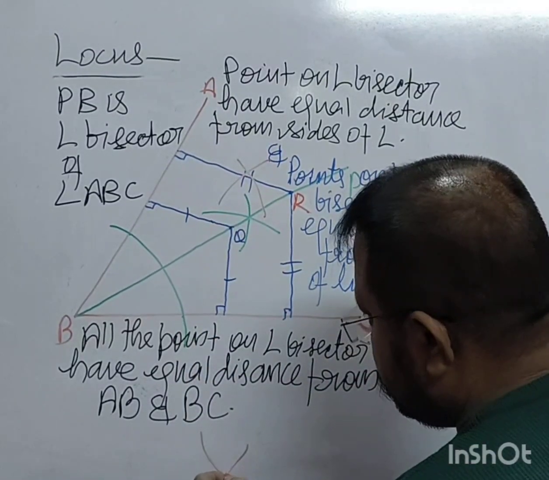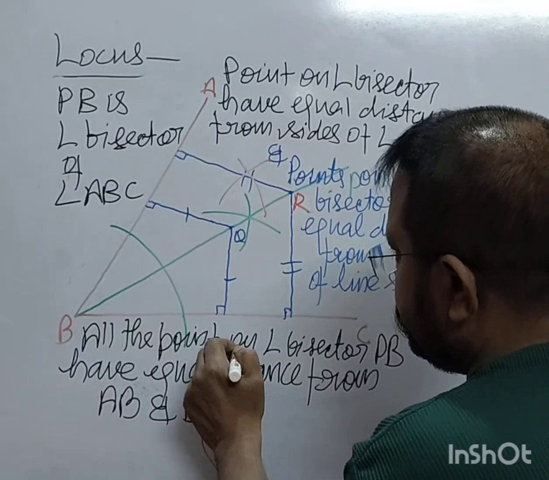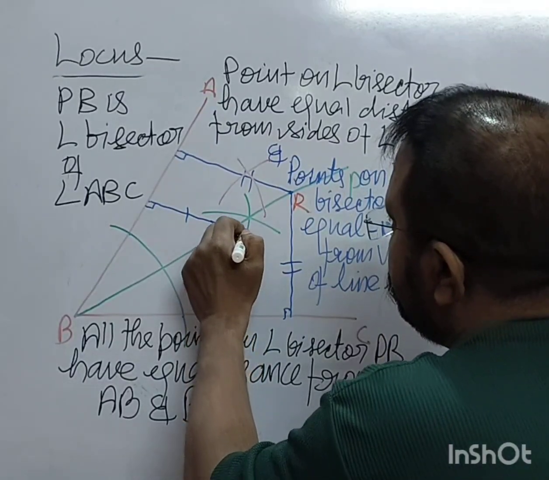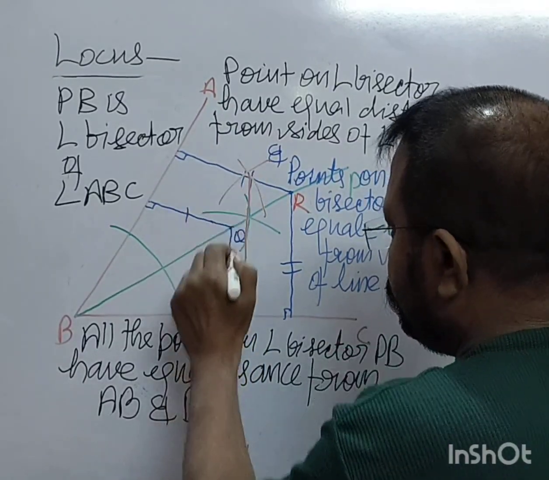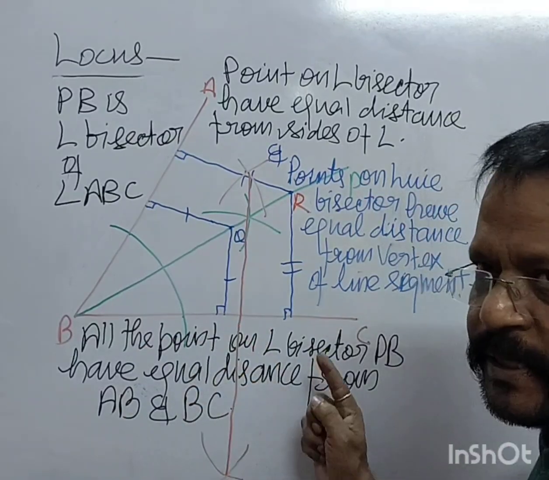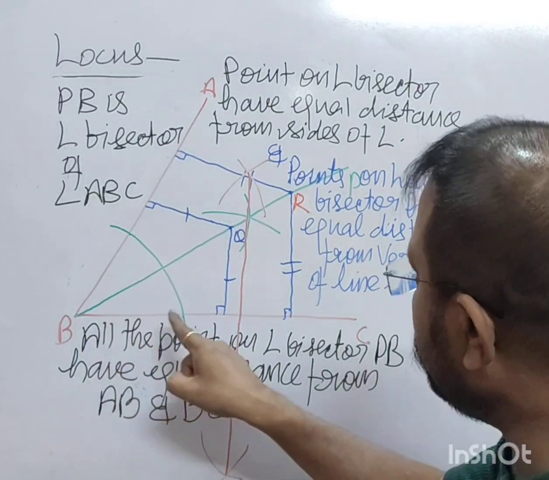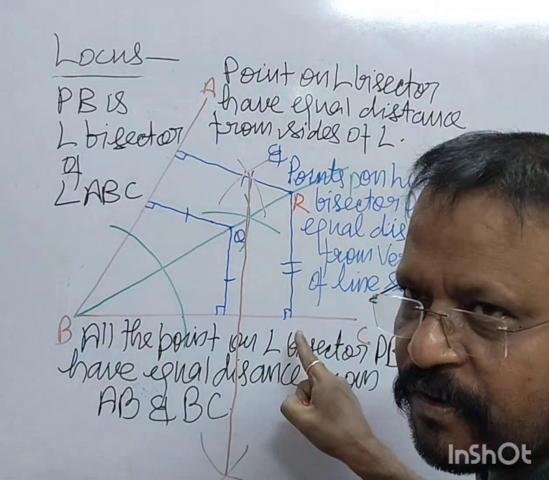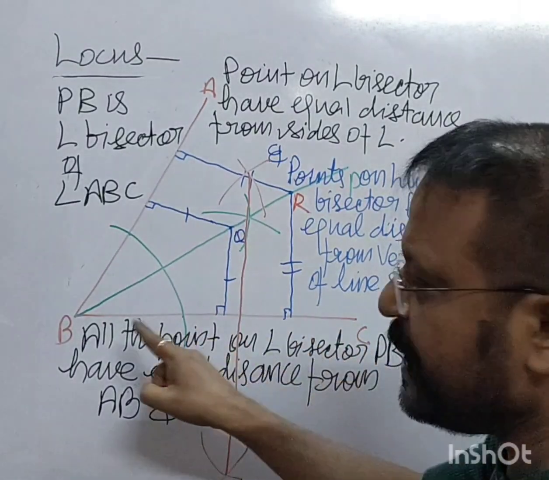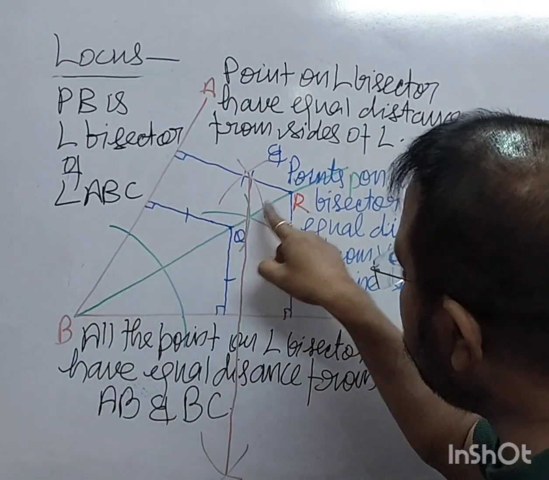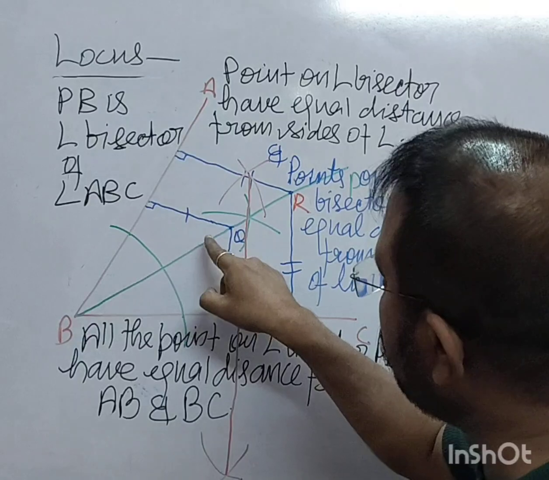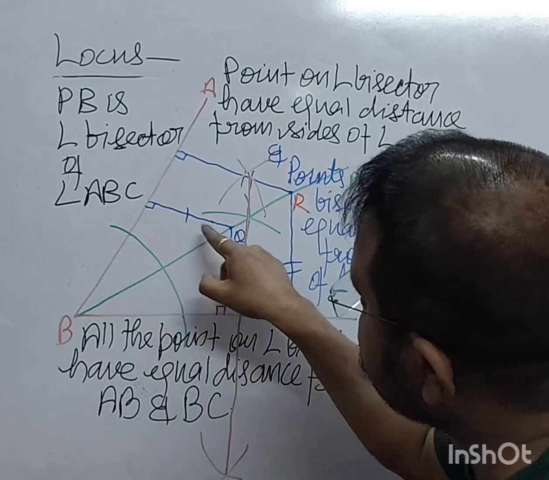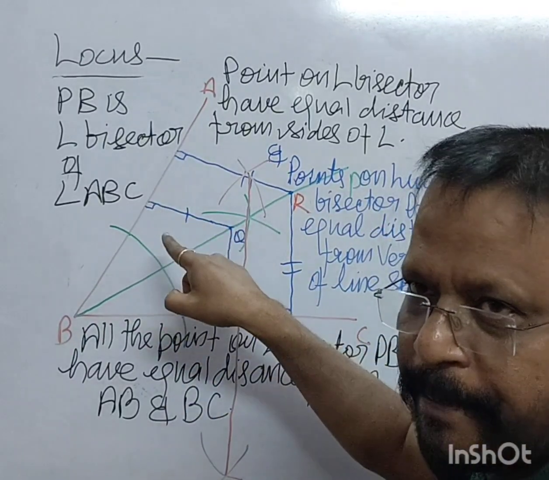When you join this, right? This is what? This is the line bisector. So all the points have equal distance from the vertices B and C, and this is the angle bisector, which is having equal distance. All the points on this have equal distance from AB.